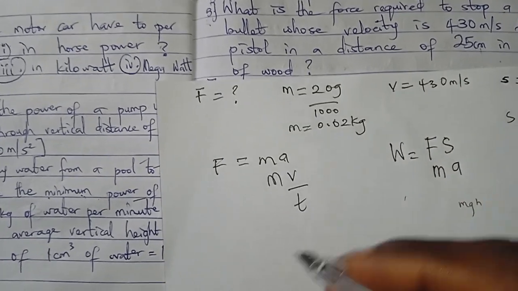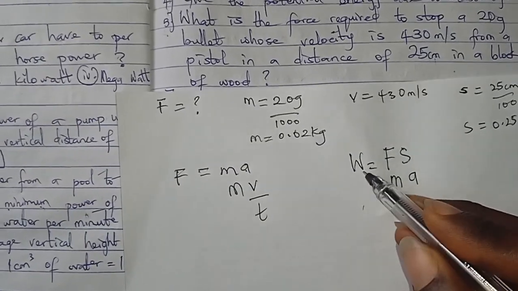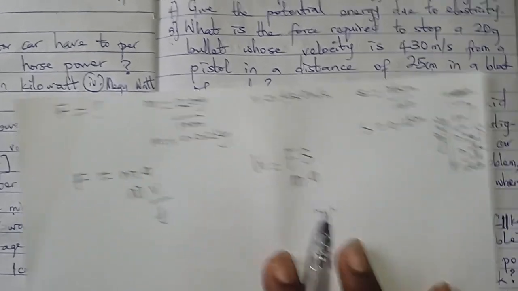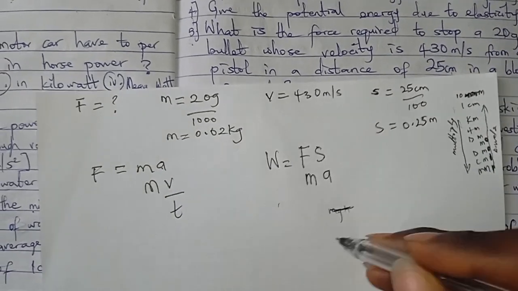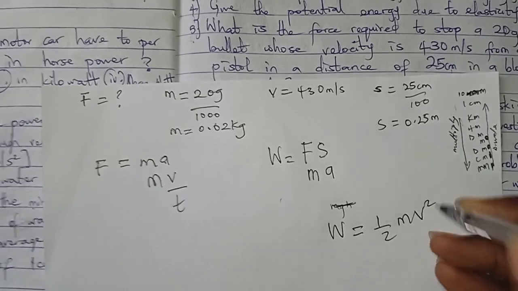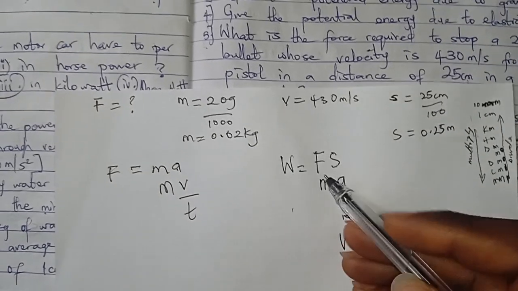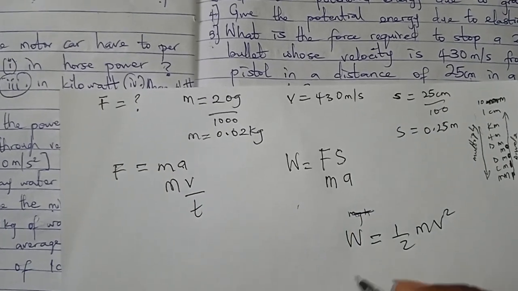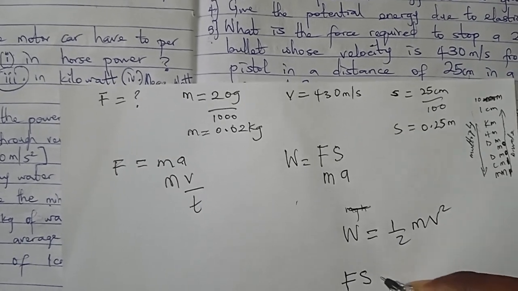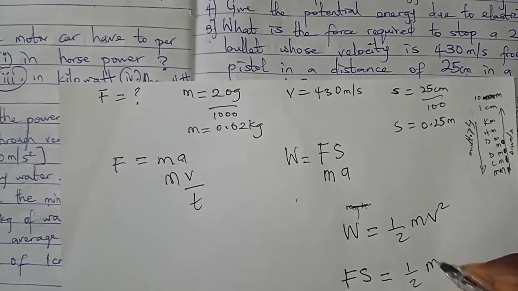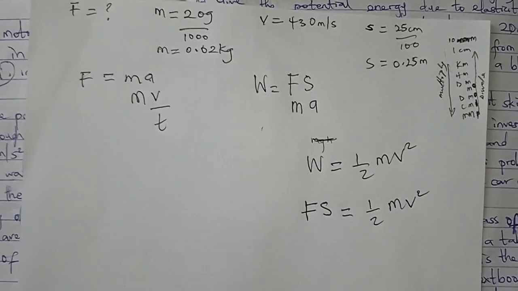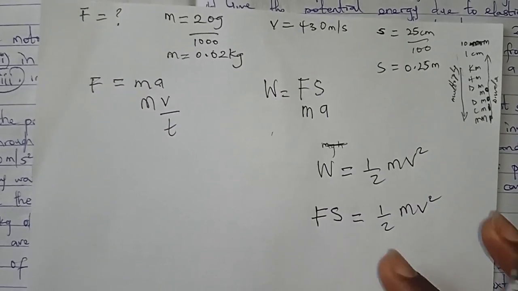If you remember very well, we said that work is equals to Fs and F is equals to MA, and we've solved earlier on that work is equals to half mv square. And remember that work is equals to Fs, which means that we can have a case where Fs is equals to half mv square.